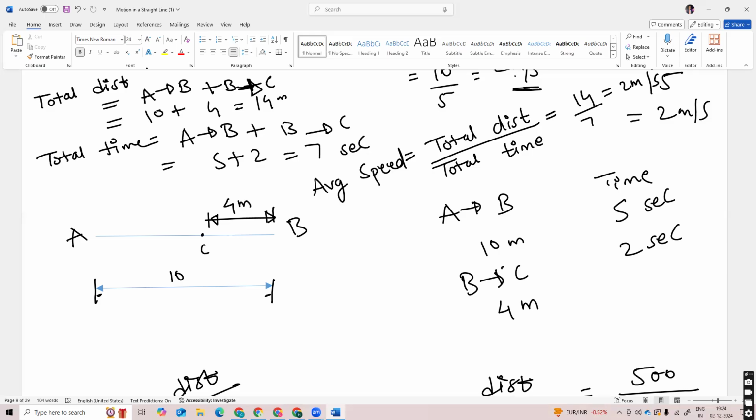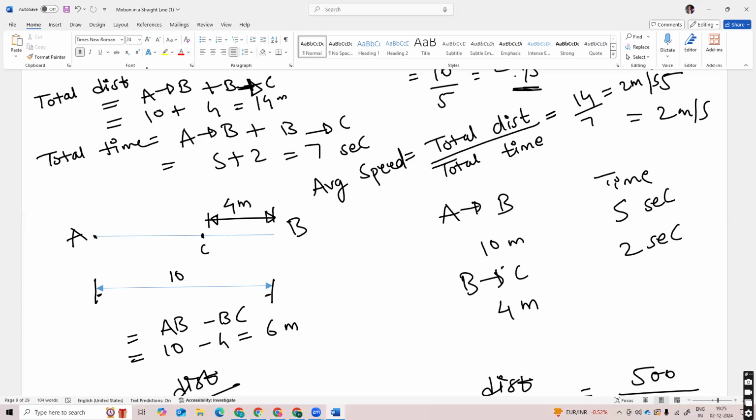Let's find out average velocity in this case. For moving from point A to C, if we have to find the total displacement, it was basically the distance between A and C. So the shortest distance between A and C is basically AB minus BC, which is 10 minus 4 equal to 6 meters.